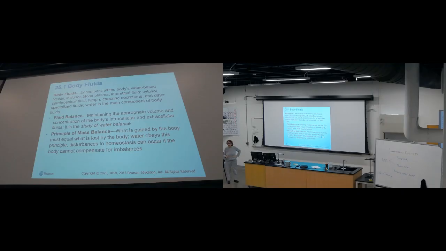We have to have not only a specific volume of water in our body, but that volume has to be located in these specific compartments at a specific volume. So that's part of fluid balance. It's not just that you need to have a certain percentage of water; it has to be divided between the intracellular compartment and extracellular compartment at a specific ratio.